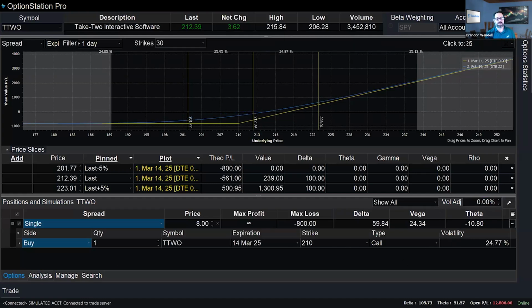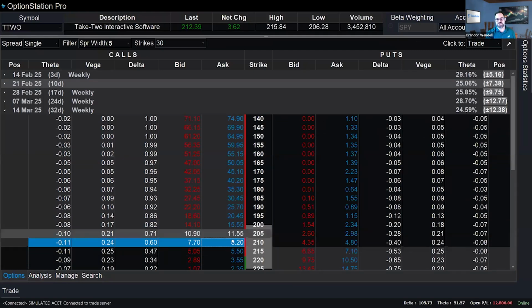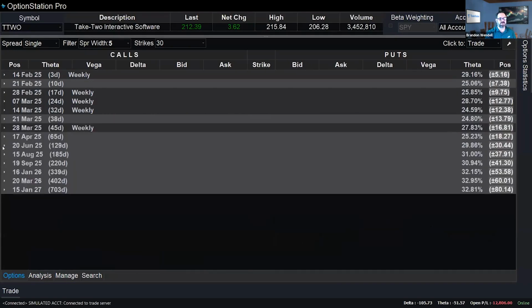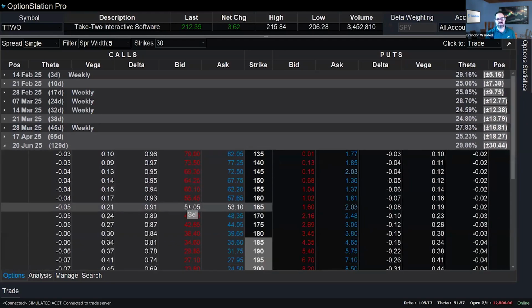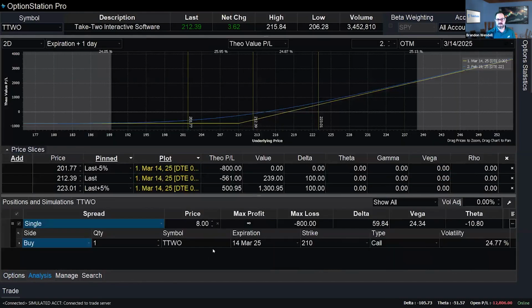So we go back to our options here, and I chose a 210. Perhaps I decide, you know what, a better decision would be to go a little further out. I'll do 129 days. Why not? And I forgot, what did I choose before? It was the 210.